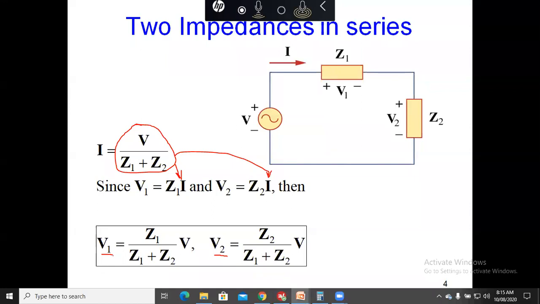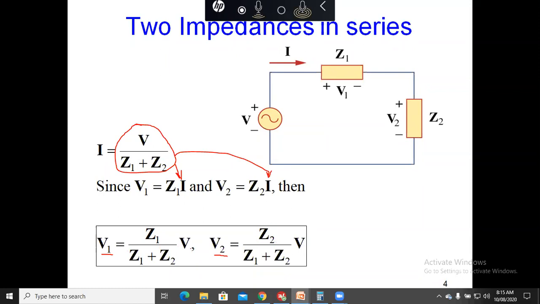If we have to calculate V1, we multiply the current with Z1, and if we have to calculate the voltage across Z2, we multiply the current with Z2.